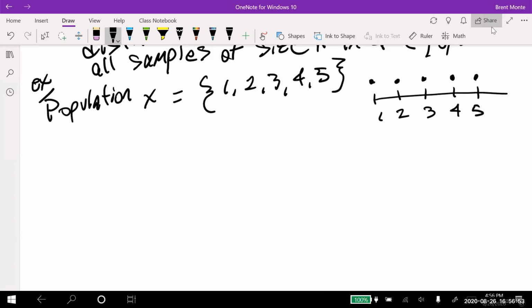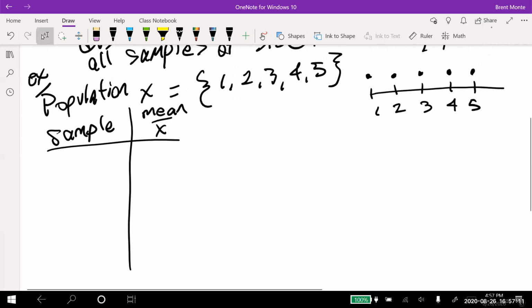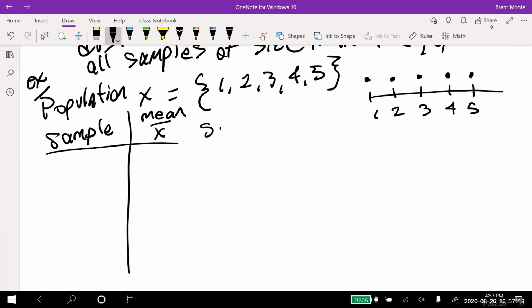All right, so now when I do this, these are going to be my samples. So what I'm going to do is I'm going to say the sample, we'll do a list here, and then I'm going to find the sample mean of each of my samples, x bar. So let's do a chart here. And so I'm doing samples of size 2.